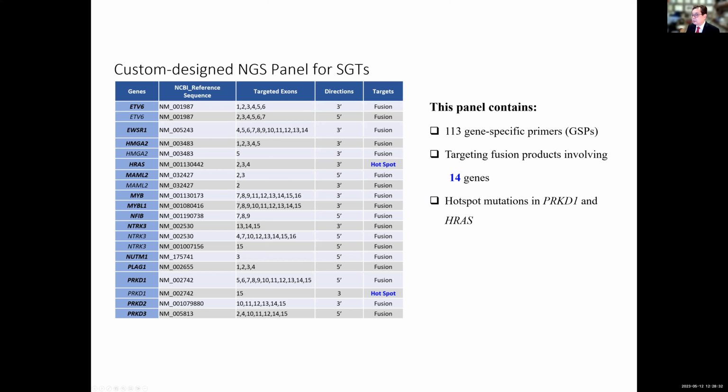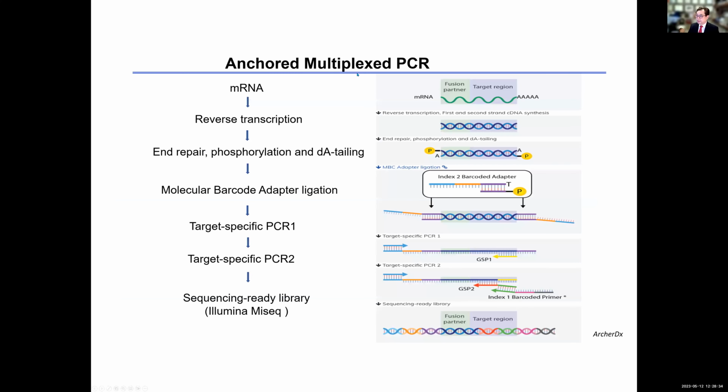Now here, the anchored multiplex PCR is very unique and very useful for this kind of scenario. With mRNA, you do reverse transcription, then amplification, and then sequencing.